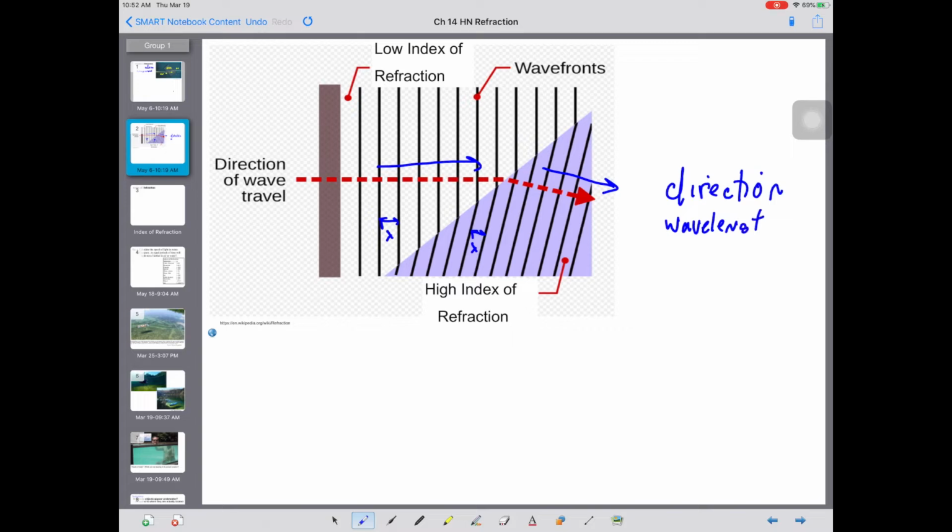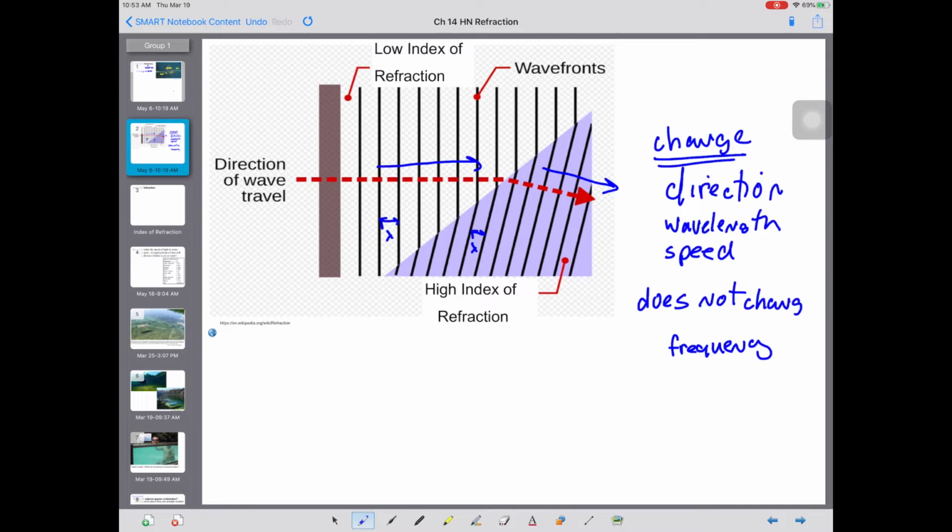And so not only does the direction change, but the wavelength also changes. And as we said previously, the speed of the wave changes. So these things change. The one thing that does not change is the frequency of that light. If the frequency changed, then since frequency corresponds to color, things would appear significantly different colors underwater, and they do not.